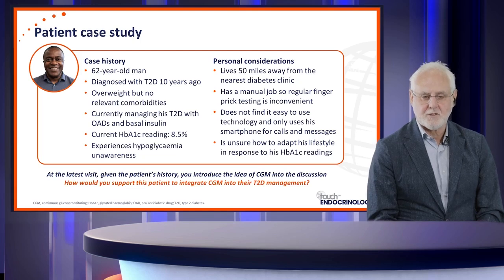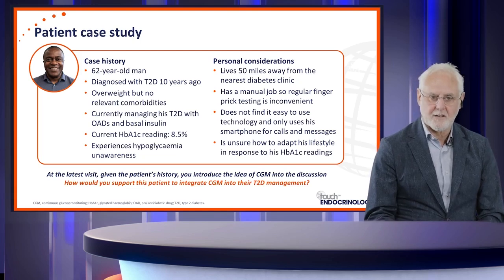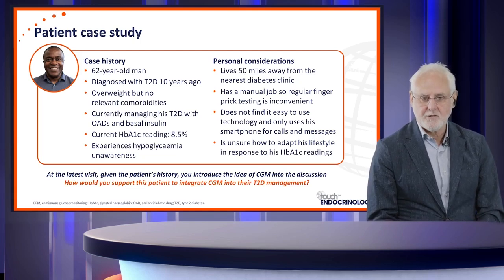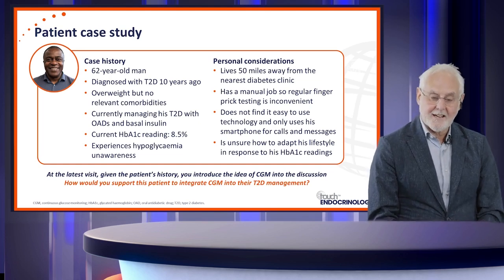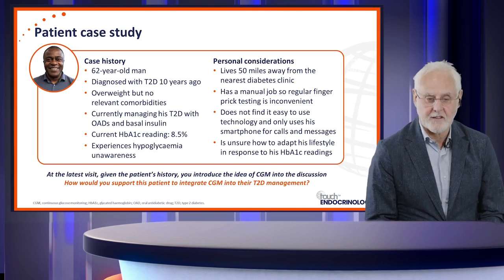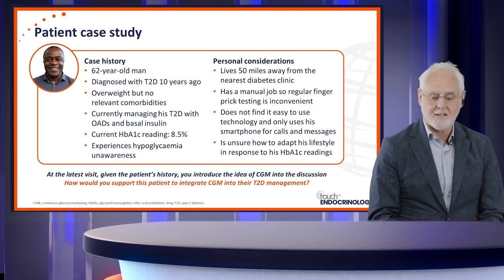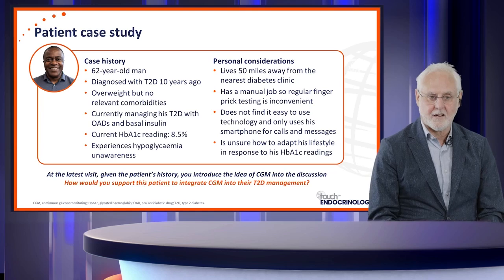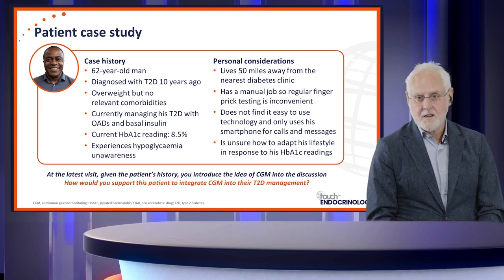He's managing his type 2 diabetes with oral agents as well as basal insulin, and his most recent A1C reading was 8.5%. He does experience hypoglycemia to the point where he now has hypoglycemia unawareness, and he is not aware of it until his values are quite low.